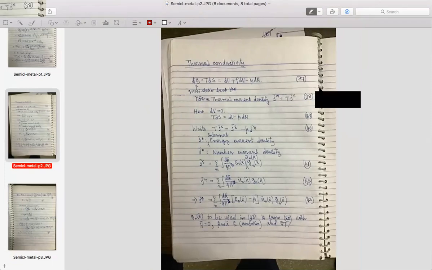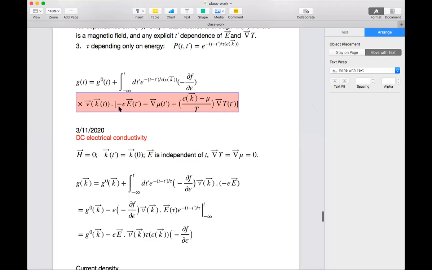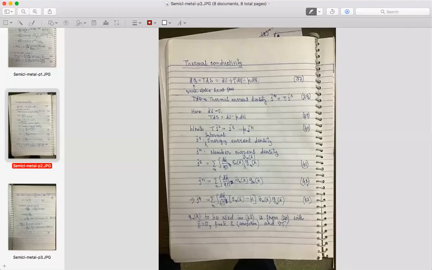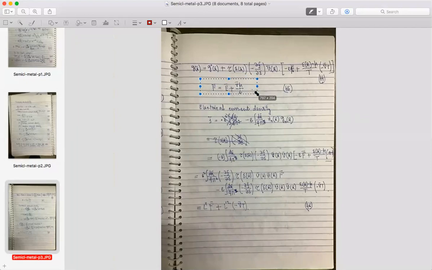See, there are these two terms, E, the electric field, and then grad mu. Now, in the subsequent discussions, we'll combine these two. I'll define a quantity, electric field plus grad mu over small e, and we'll call that F. So this is how F is defined, which is electric field plus grad mu over e.